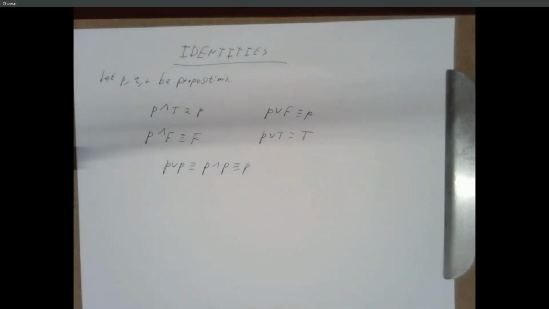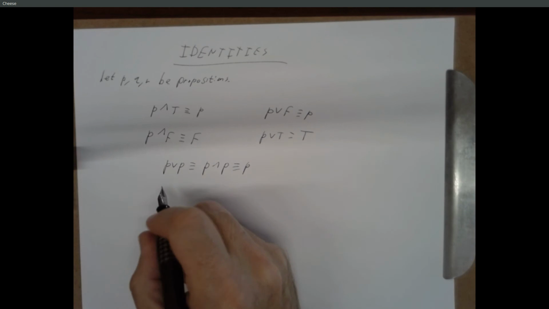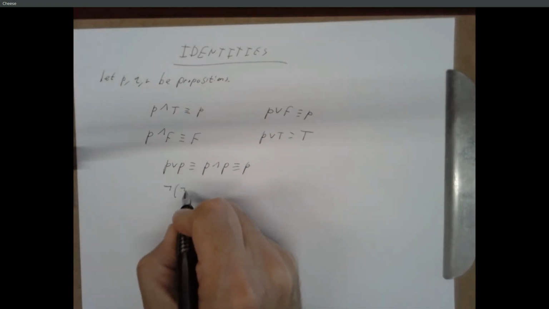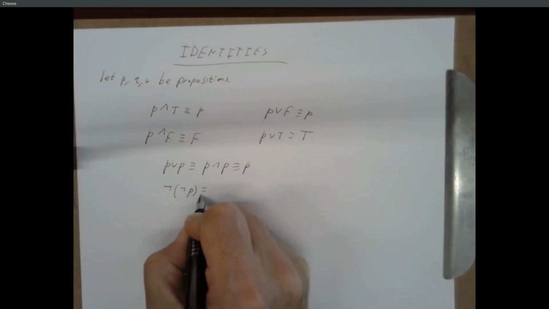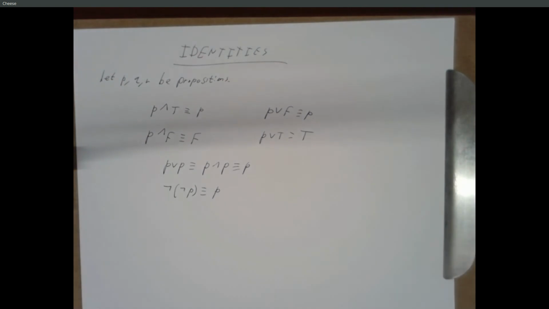And P ORed with itself is equivalent to P ANDed with itself, which is equivalent to P. So you recognizing these? Right, we saw these in set theory, we've seen them in 250. The negation of the negation of P is logically equivalent to P.